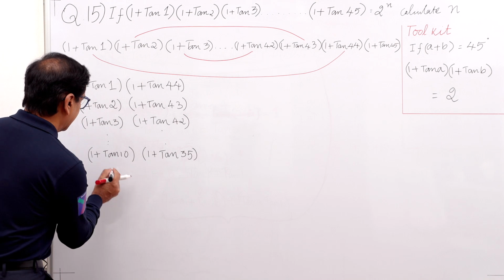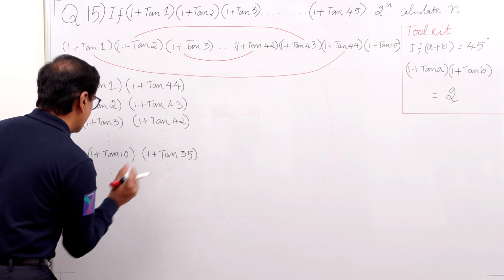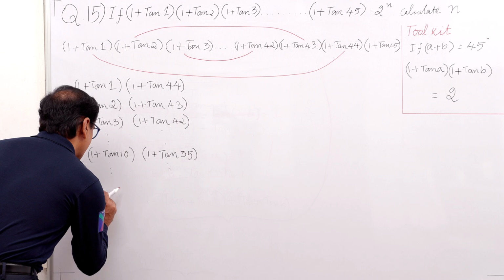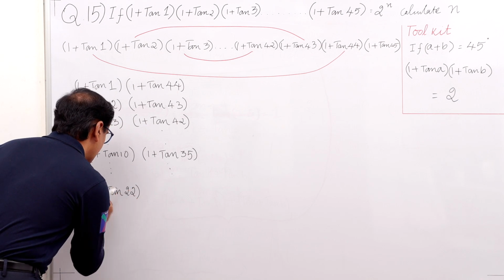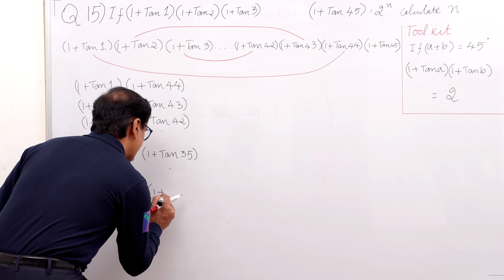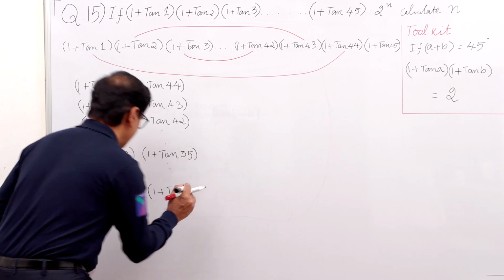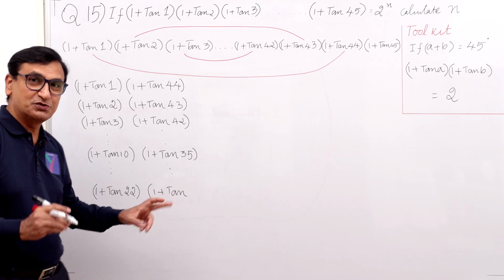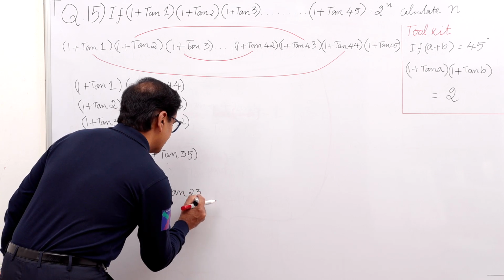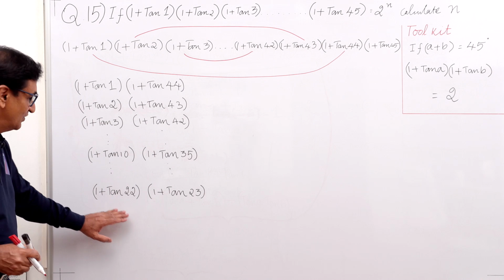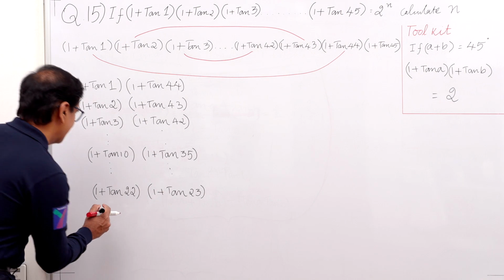Let this continue. Then we have 1 + tan 22, and 1 + tan. If this is 22 here, it should be 23, right? Because 22 plus 23 is 45. What will be the next term? 1 + tan 23.